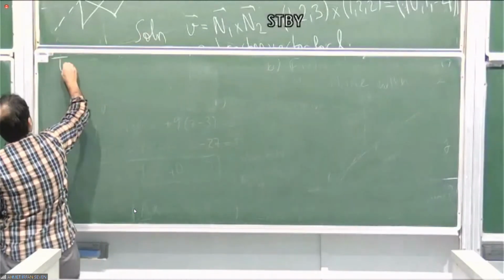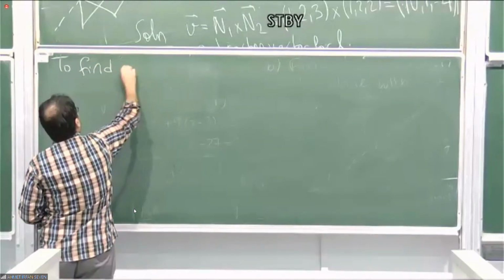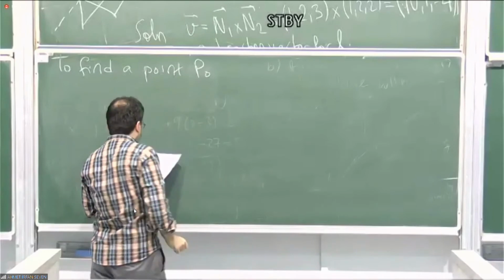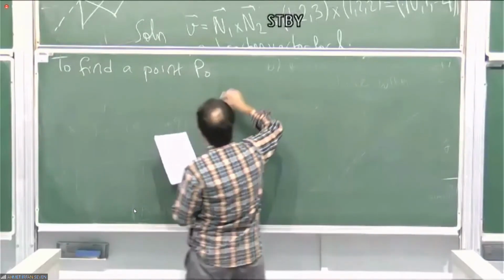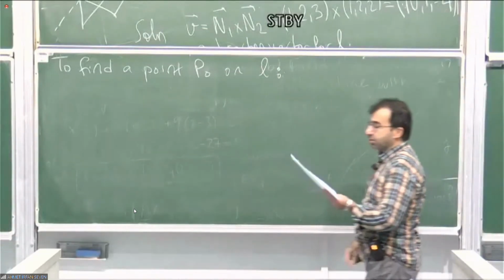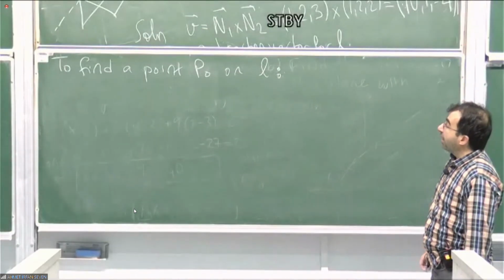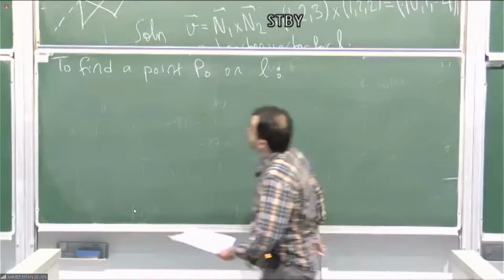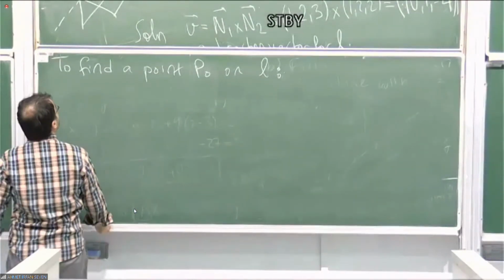To find a point P0 on this plane, on L, what do I need? I need a point which satisfies both equations.